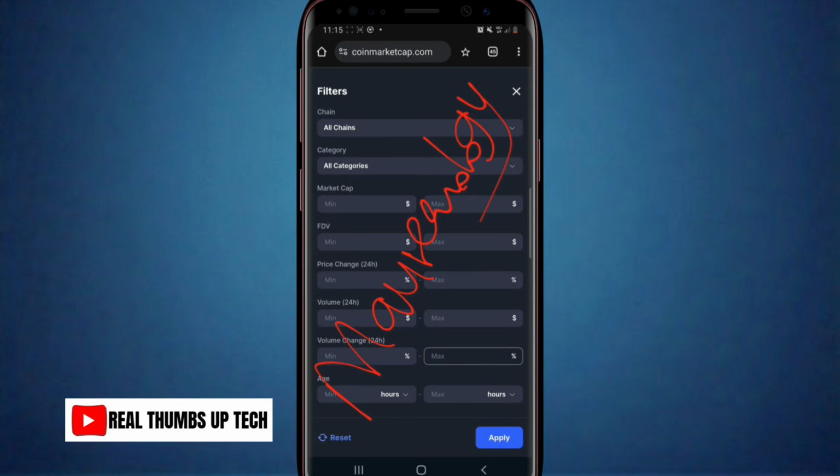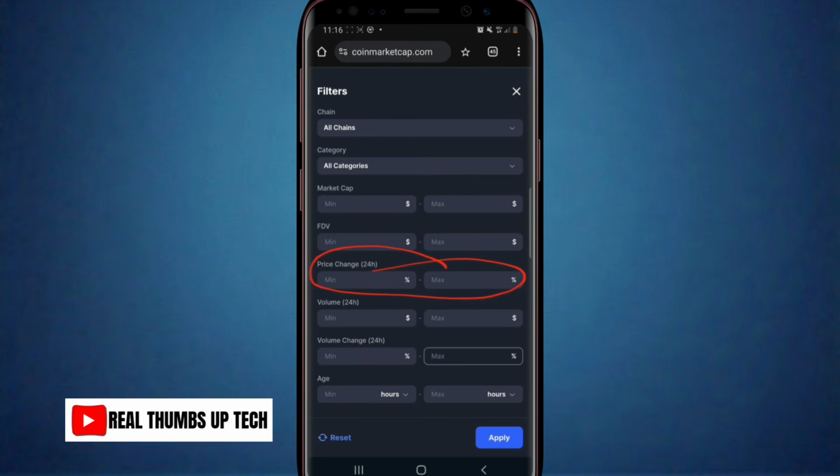Then as for this price change for 24 hours. Don't forget that the value will be in percent. It means how much the price of Mornology coin, which is MRG, has gone up or down in the last 24 hours. Their emphasis is mostly on the last 24 hours, or any other set period of your choice.